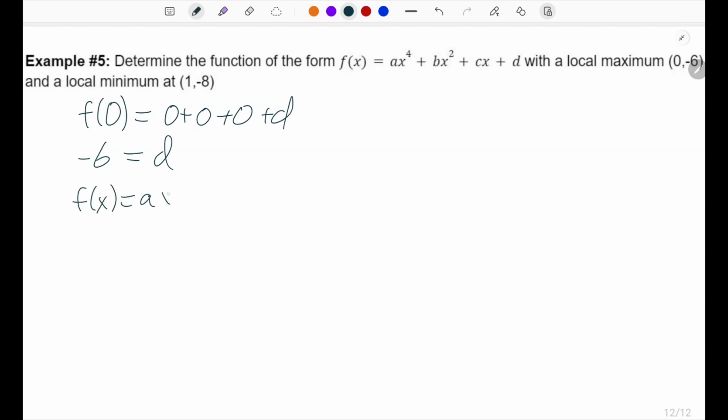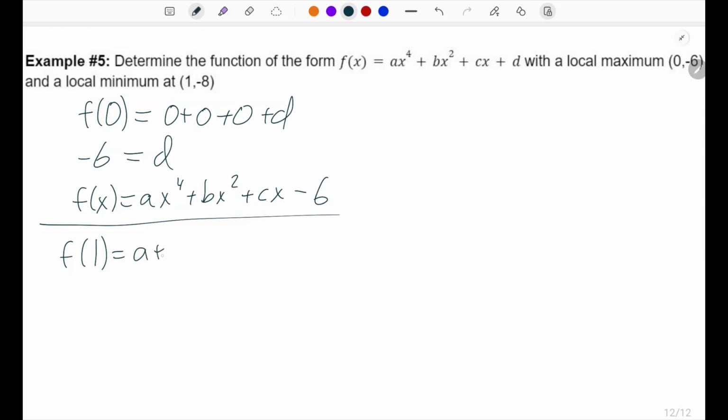So I'm going to rewrite the function now with that in mind. So we now have -6 at the end. All right, and let's plug in the other point, (1, -8). So plug in f of 1, which is going to be a plus b plus c minus 6, and that's negative 8.